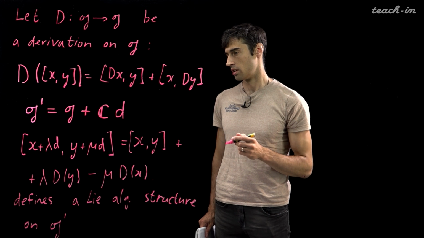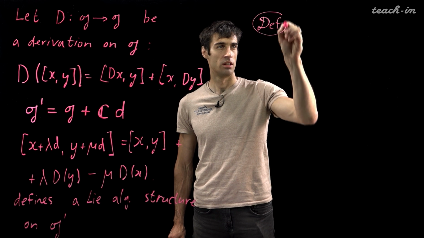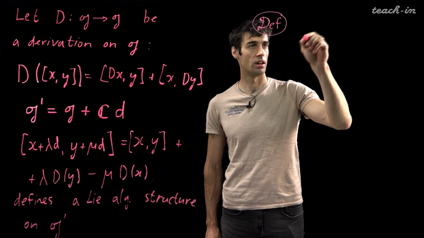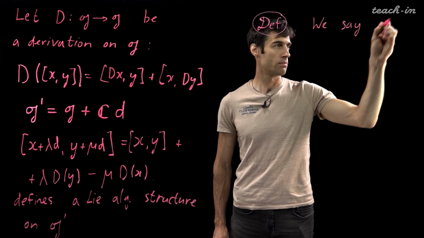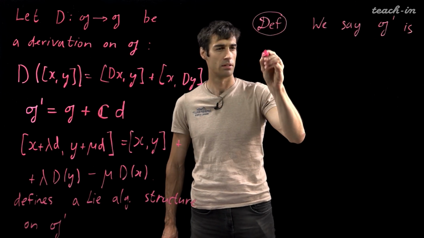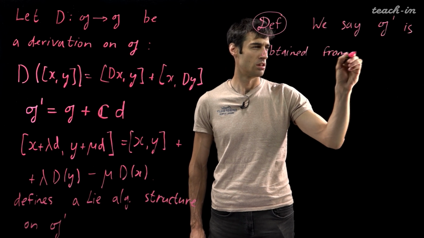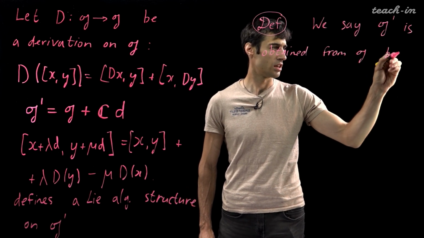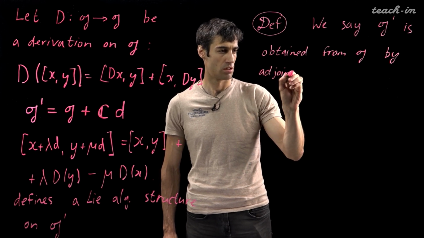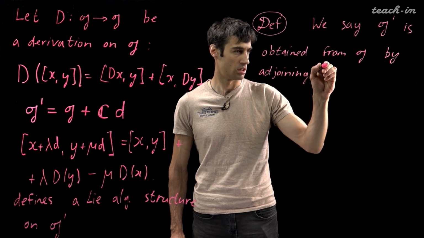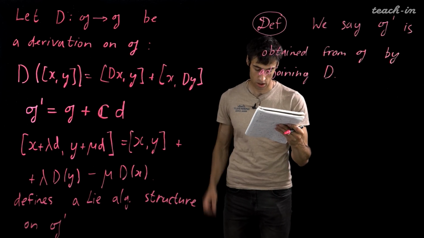And just some terminology: we say G prime is obtained from G by adjoining the derivation D. So this is how we call this construction, adjoining a derivation.